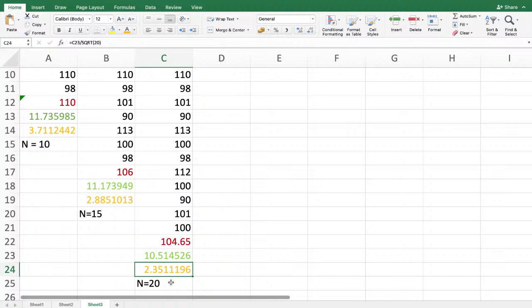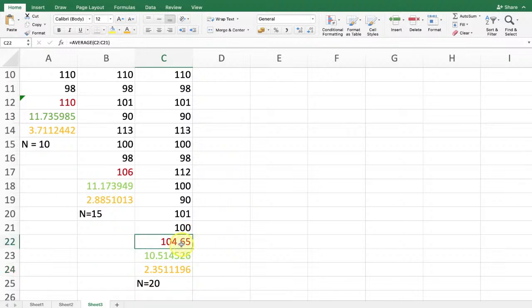So how confident are you that this is the mean? How confident are you that this is the mean IQ of students in class? All the more if we increase our n, the standard error will be lesser.